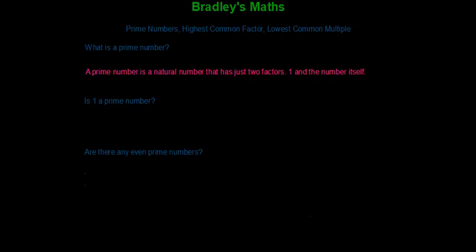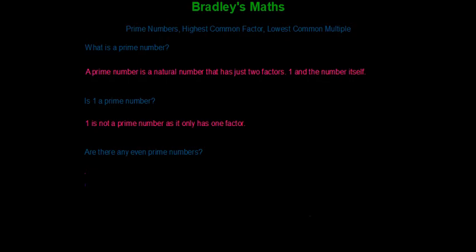So 1 has only one factor. And yet, as it says here, we need to have just two factors, not just one factor. And we only have one, so 1 is not a prime number.